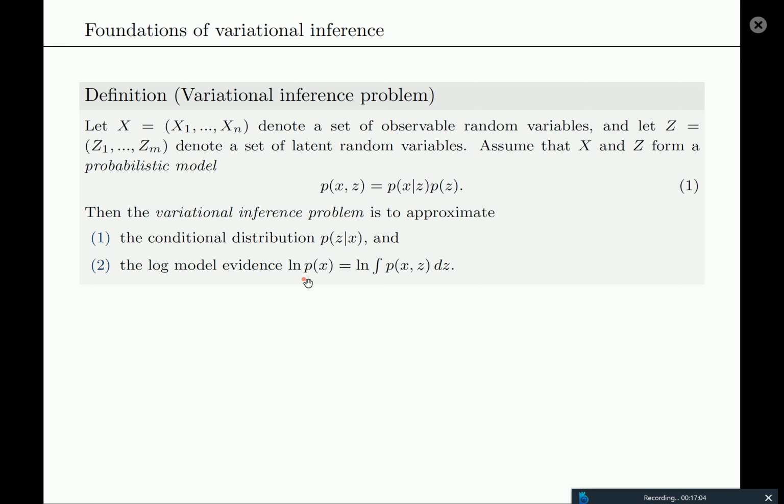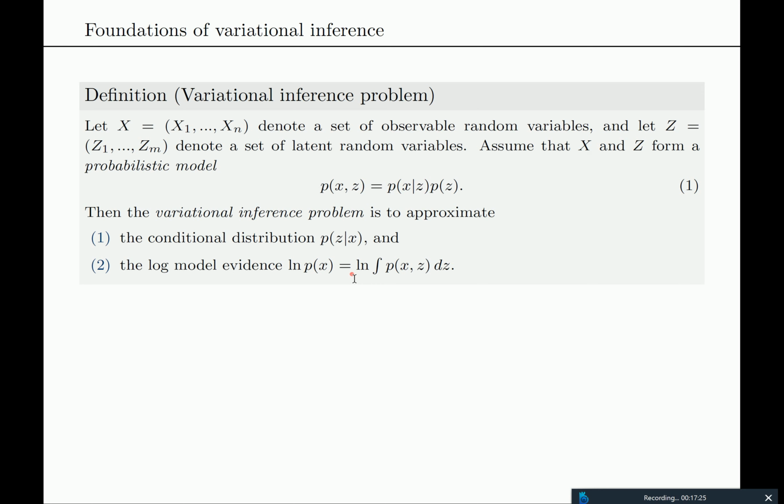We can evaluate the probability of some data under a given model and compare that with the probability of the same data under a different model, and then say we like this or that model more. So we address both parameter estimation and model comparison in variational inference.